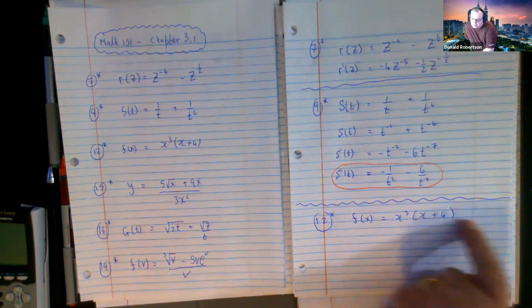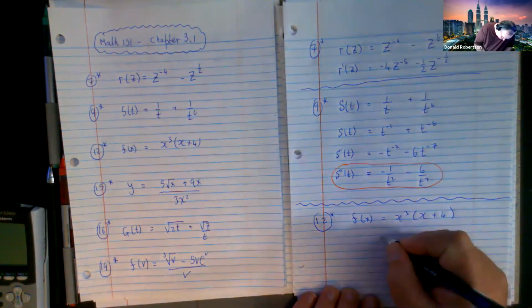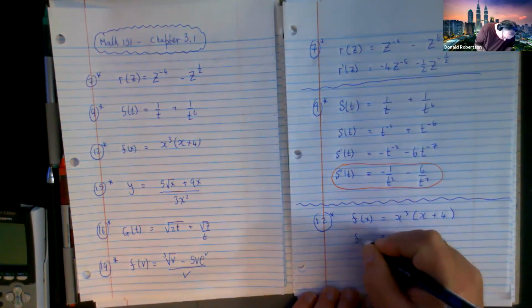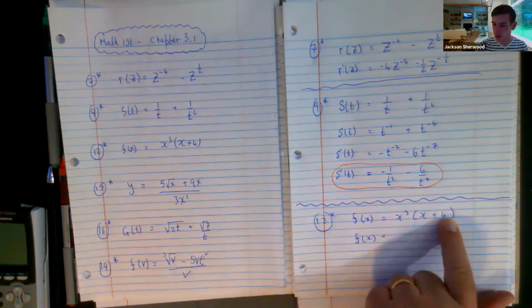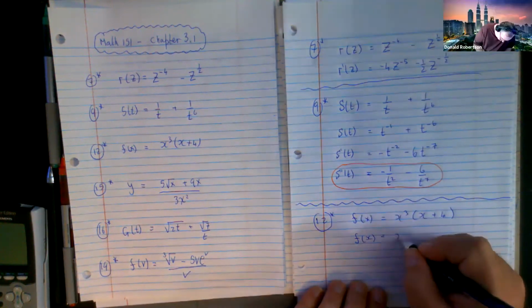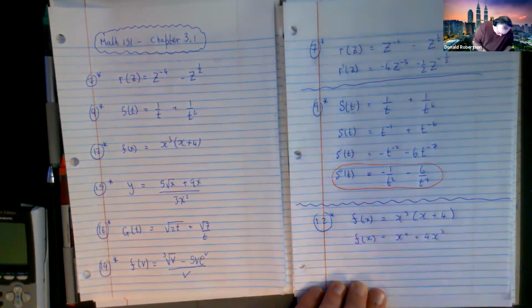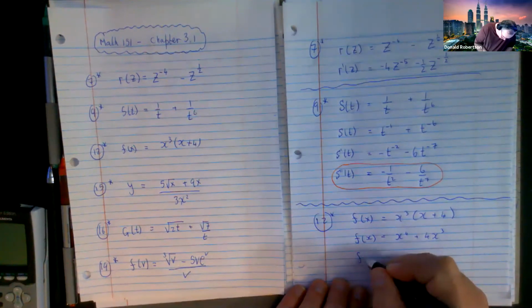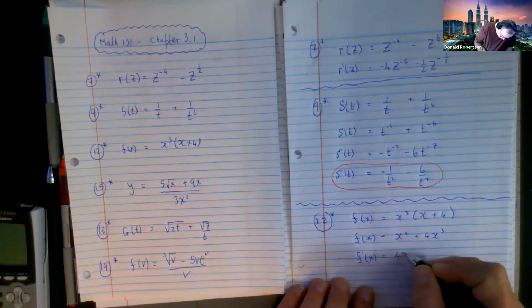What do you think I need to do in this case to get it ready to be differentiated? You need to distribute it. So you get x to the 4, and you get 4x cubed. Then you differentiate it. The power rule can be used now.